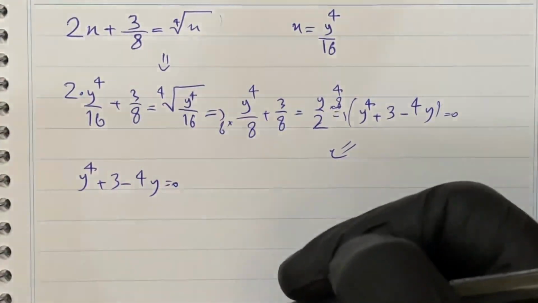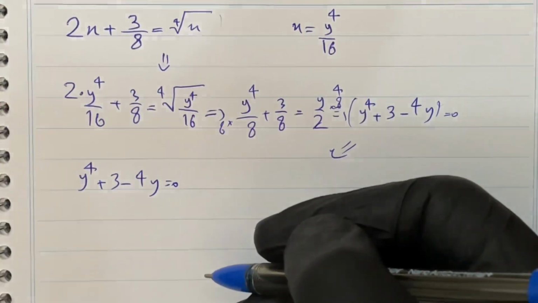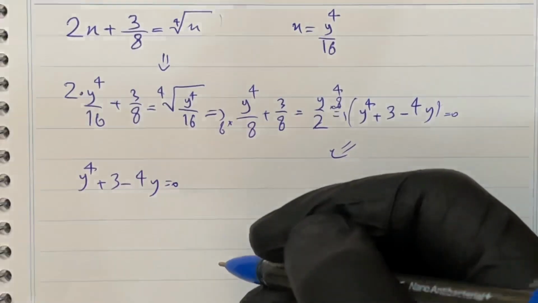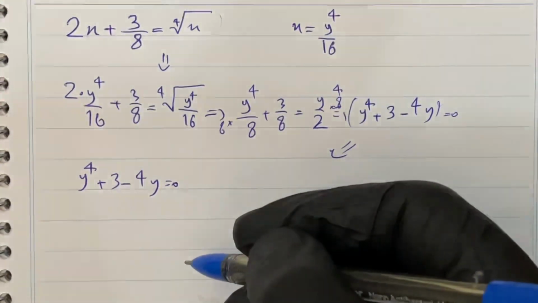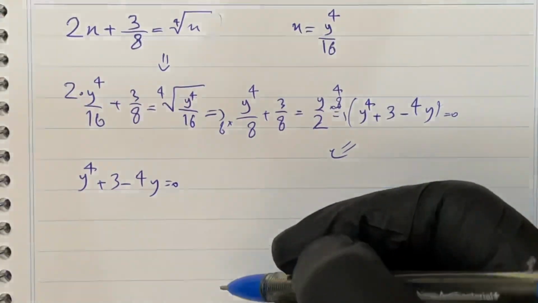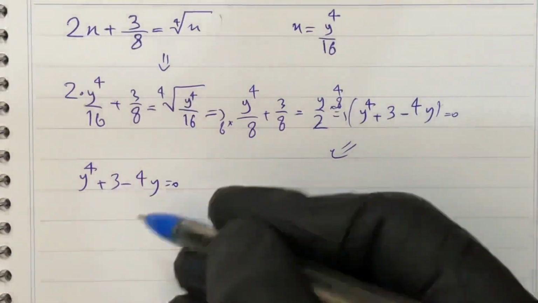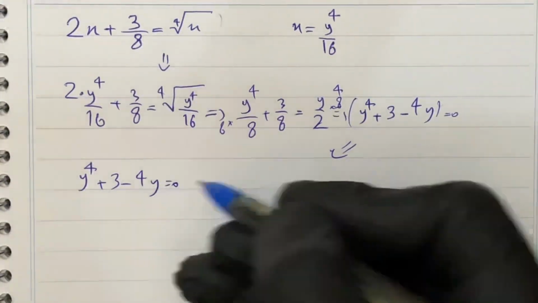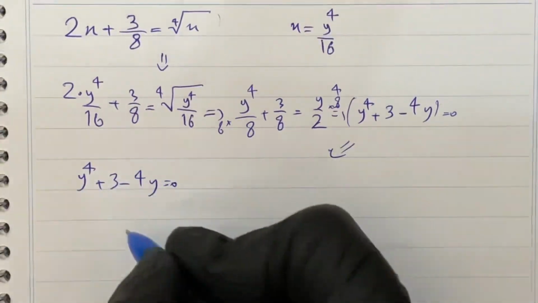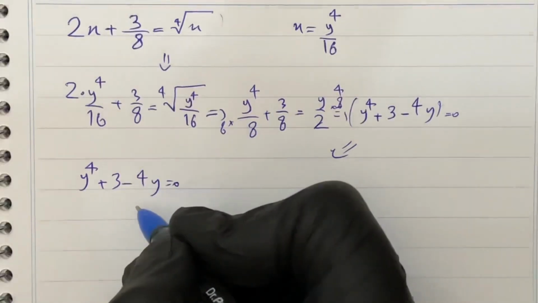And here, some might go straight into factorization, but what I prefer is to do the division, to divide this by one of its roots, because it has one obvious root, and that is y equals 1. If you put y equals 1, we have 1 plus 3, which is 4, minus 4 is 0.